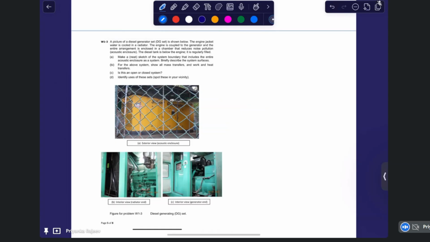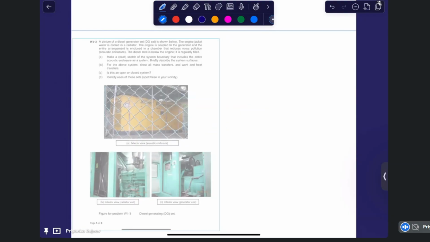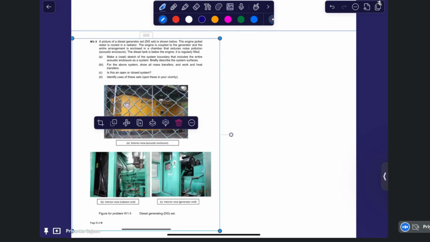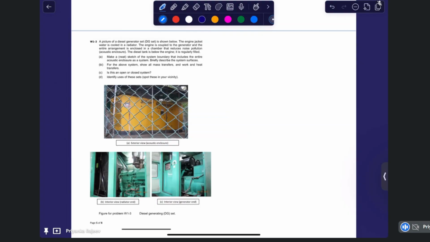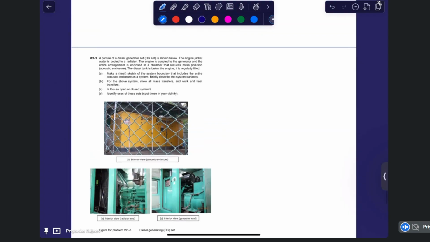The engine is coupled to the generator, and the entire arrangement is enclosed in a chamber that reduces noise pollution, which is an acoustic enclosure. The diesel tank is below the engine. It is regularly filled. Make a neat sketch of the system boundary that includes the entire acoustic enclosure as a system. Briefly describe the system surface.